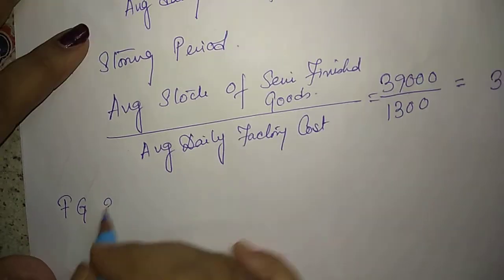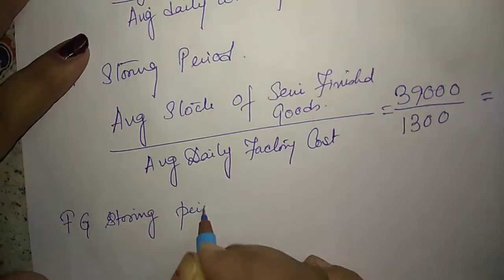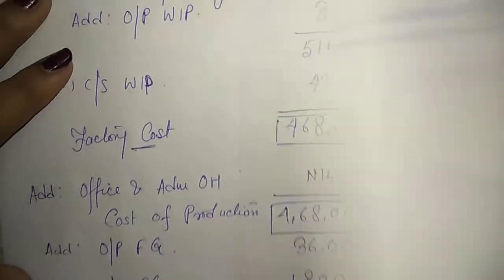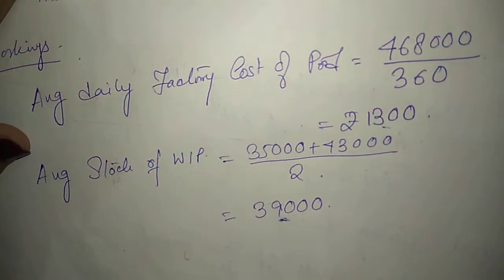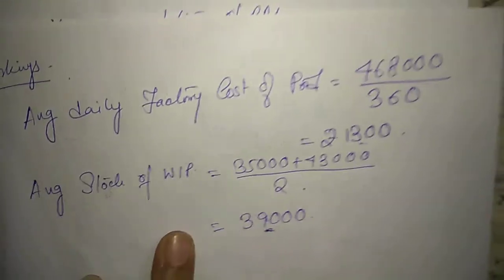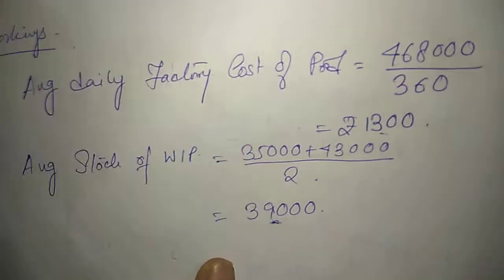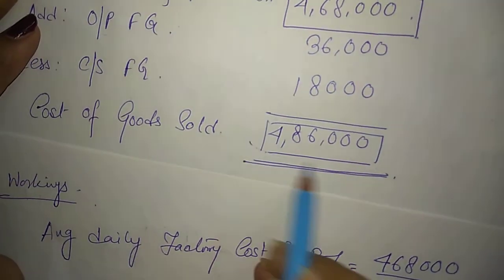After WIP comes the finished goods. Finished goods storing period. For the finished goods storing period, we need to find what? Finished goods means this one.